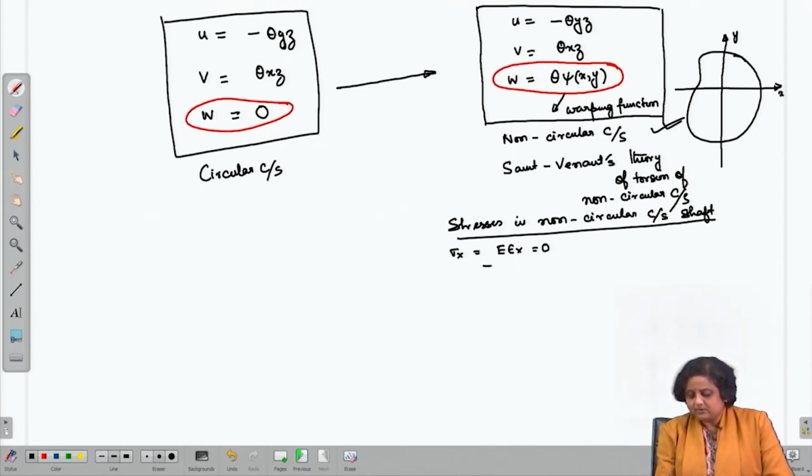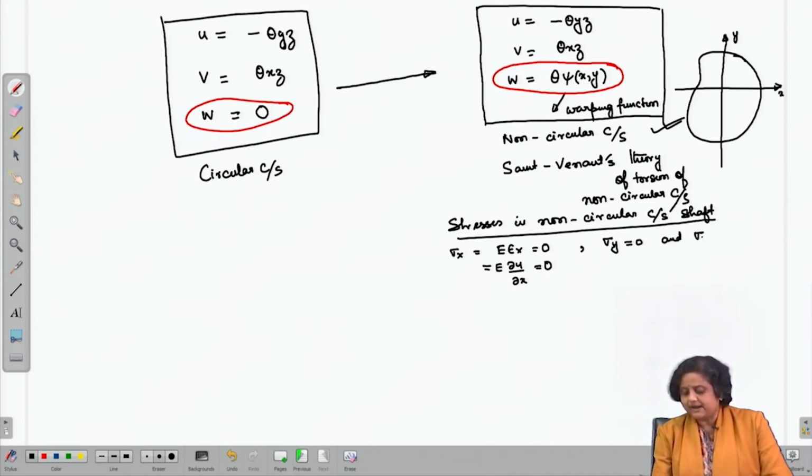Similarly, sigma y is equal to 0, and so sigma z is also equal to 0. Sigma y is E into del v by del y. Now, v is not a function of y, so this goes to 0.